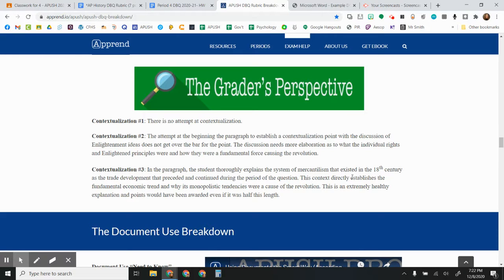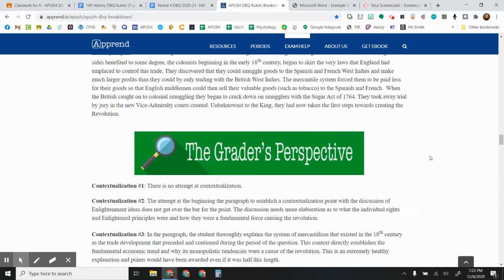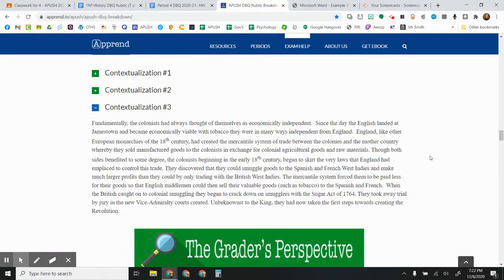So here they are starting with an introduction to what just prior to this question is going on economically in the colonies. It says here, this is an extremely healthy explanation, and points would have been awarded even if it was half this length. So you do not need one that is this long in order to earn all of your points. But this is exceptionally well done.